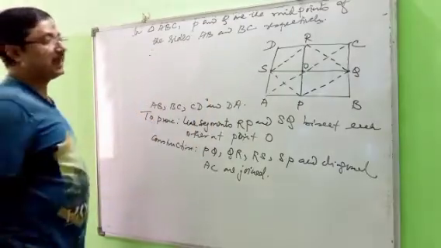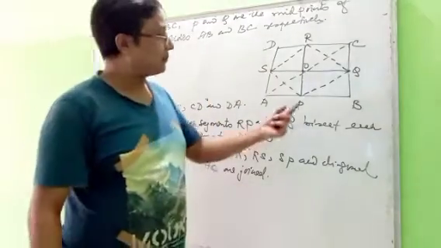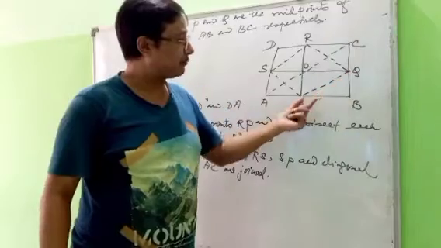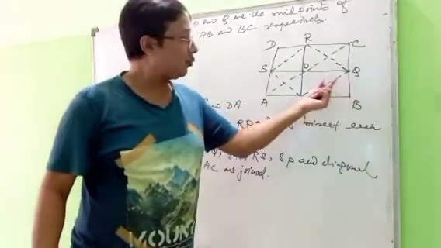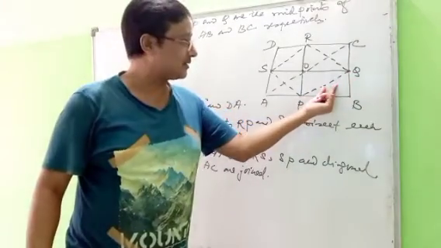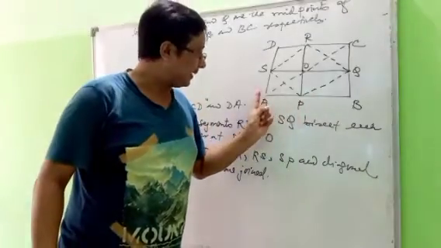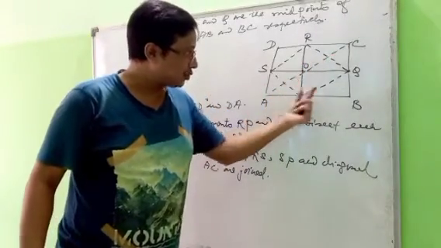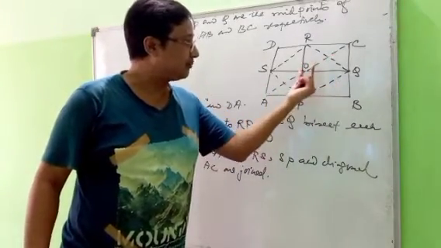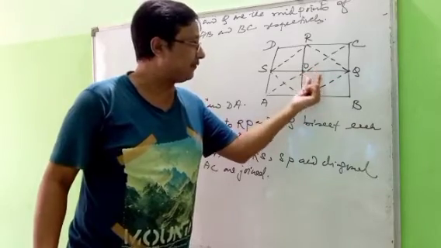So the line segment that is obtained by joining the midpoints of the two sides of a triangle will be parallel to the third side. So here AC is the third side. So here PQ parallel to AC and PQ is half of AC.